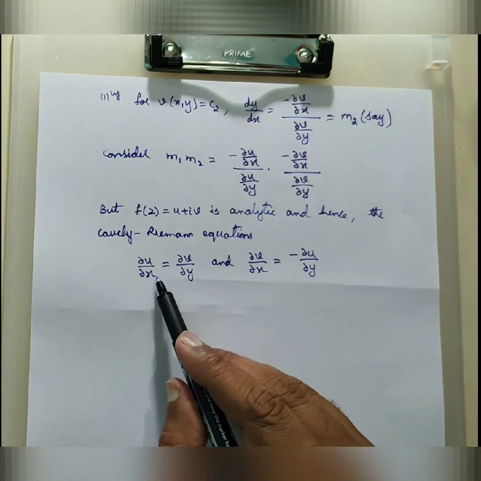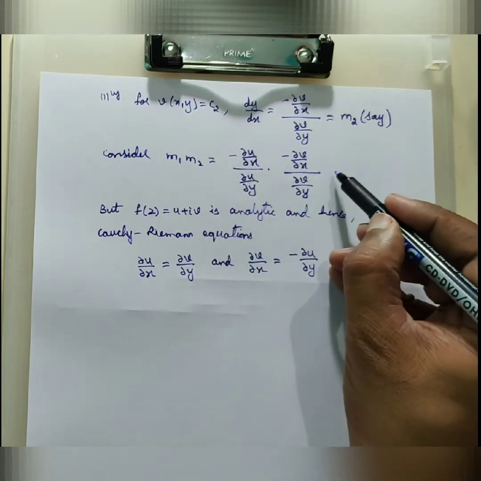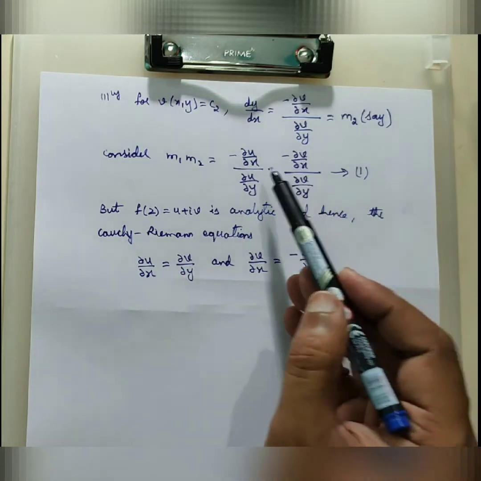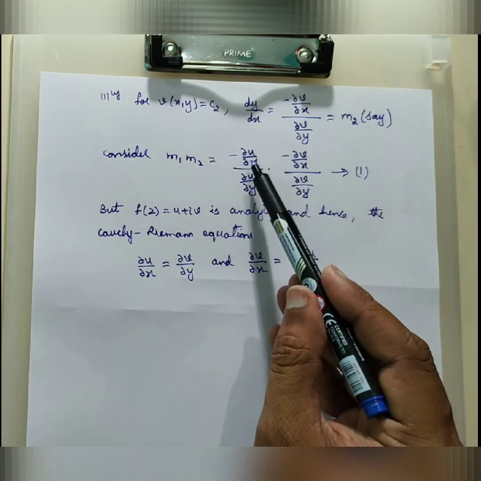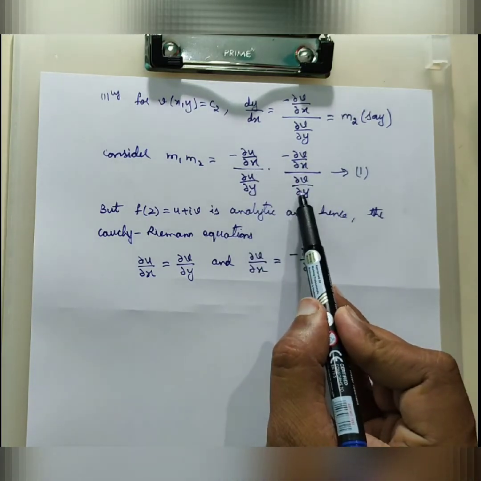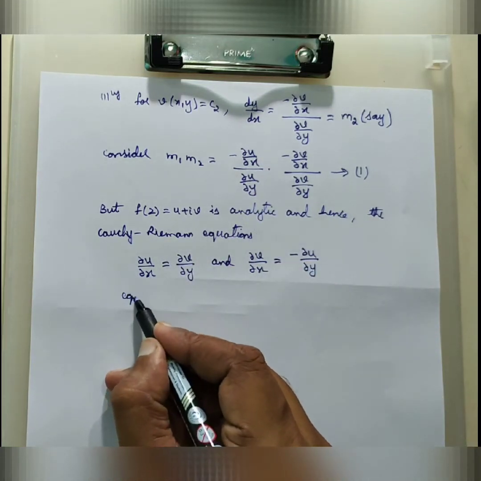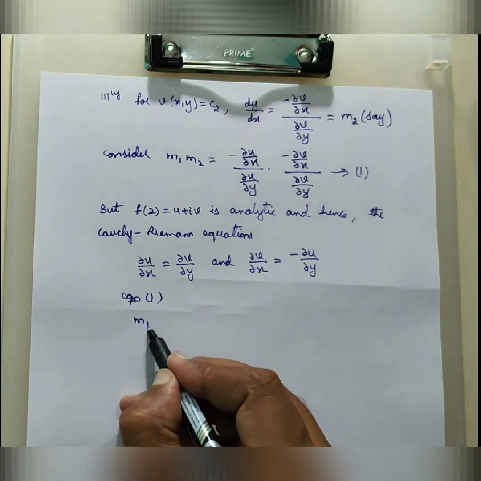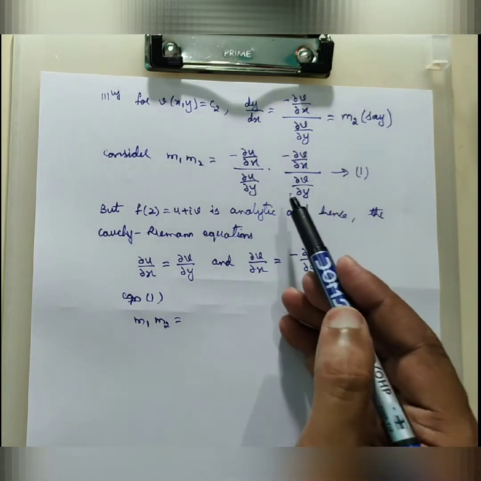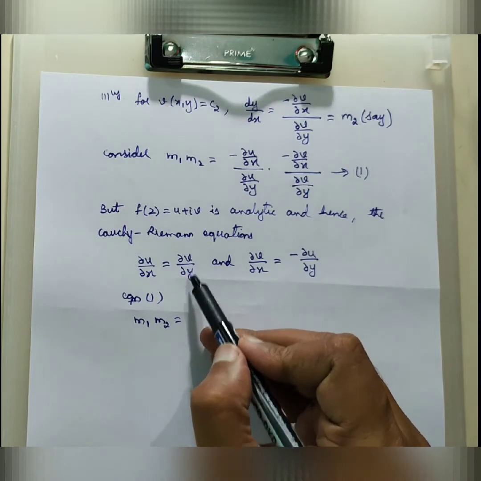Now let me plug these equations back into this particular equation. Let me take this as equation number 1. I'll replace the numerator values, retaining the denominator values as they are. So equation number 1 implies m1 m2 equals, you can see that dou u by dou x will be dou v by dou x.